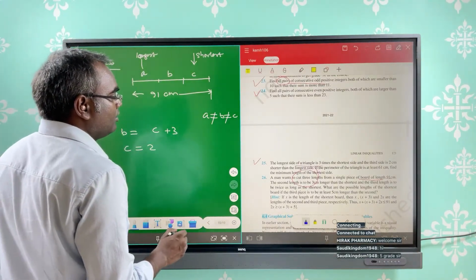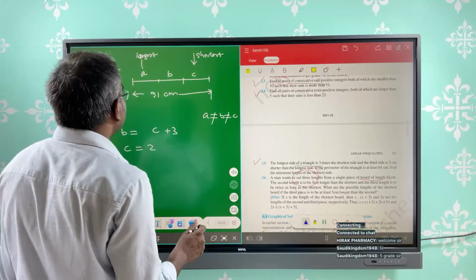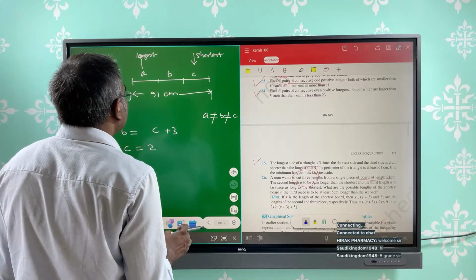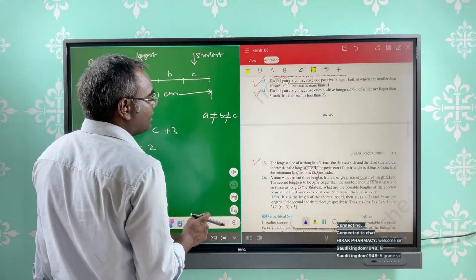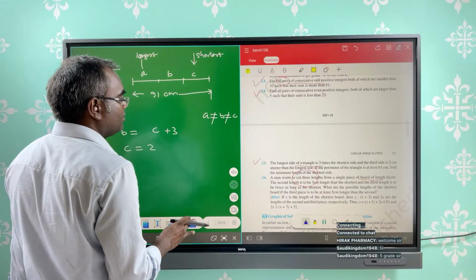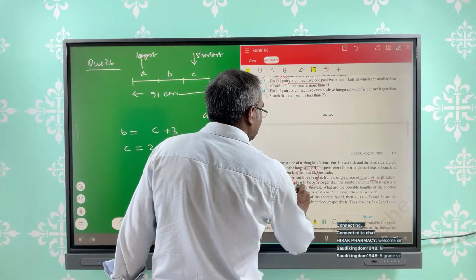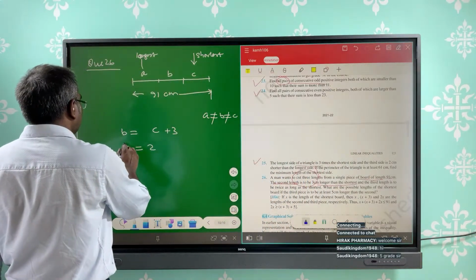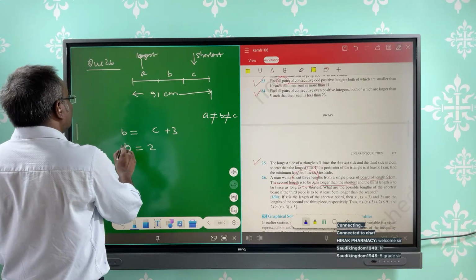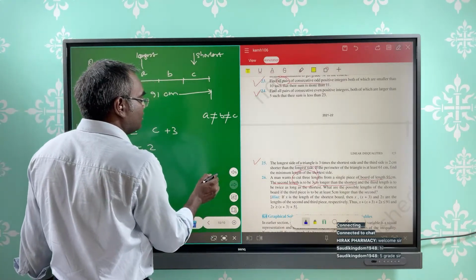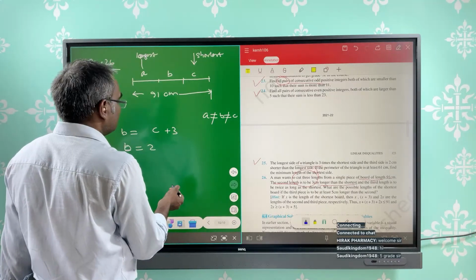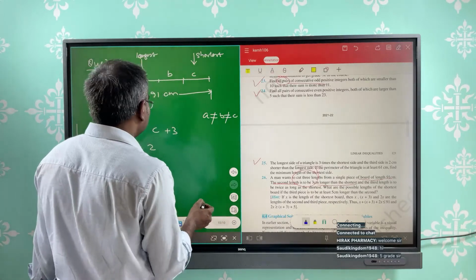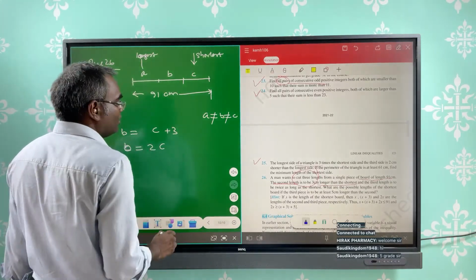The second length from a single piece of board is to be 3 centimeters longer than the shortest. Okay. And the third length. So we took the second length and the shortest length, so what remains is the third length. B is twice as long as the shortest.